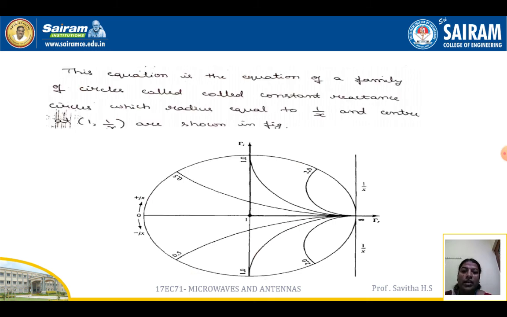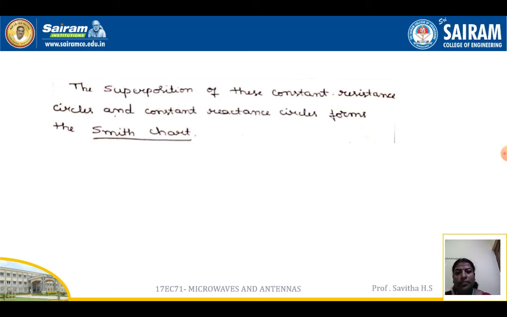This equation is the equation of a family of circles called constant reactance circles, whose radius is equal to 1 by X and the center is (1, 1 by X), as shown in the figure. We can see in the diagram reactance 2.0, 1, and 0.5. These are the reactance circles.